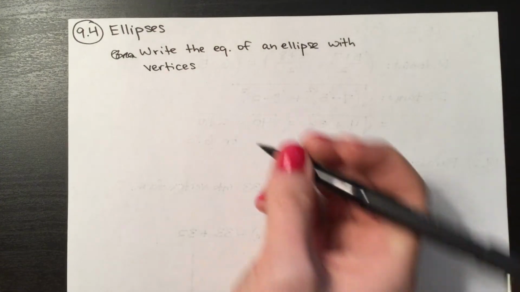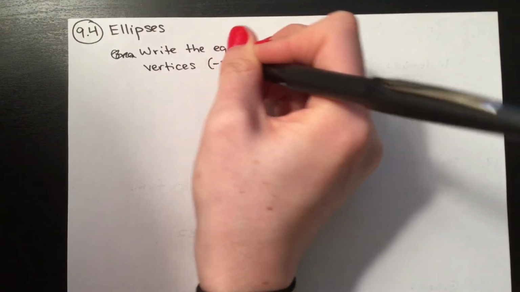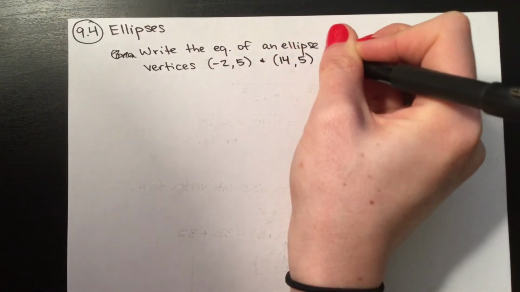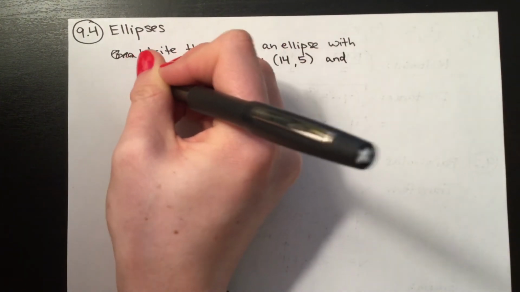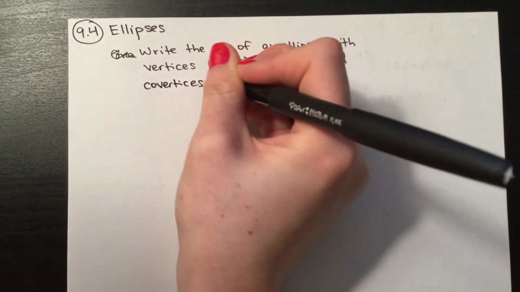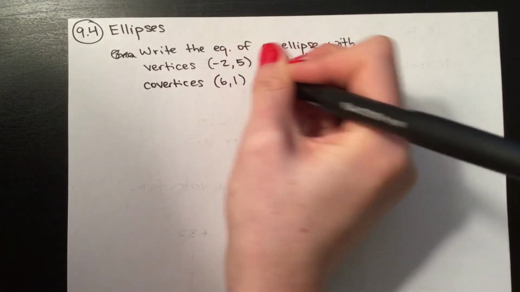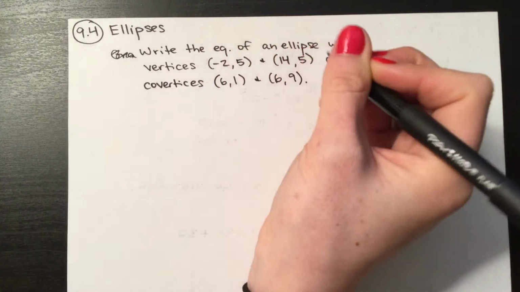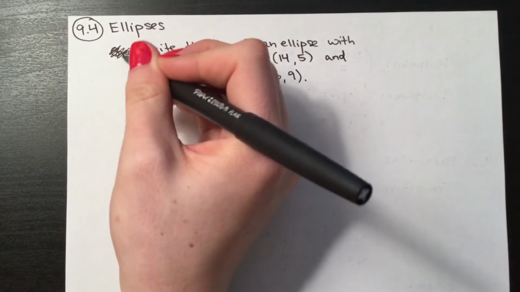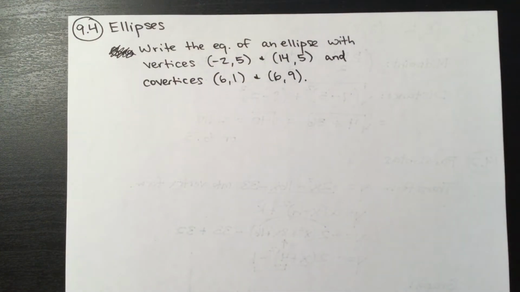So I'll give you 2 vertices and 2 co-vertices. Okay, so there's a couple different ways that you guys could go about this. First way that I taught you was to plot these points, and then we can come up with the center ourselves. Second way is kind of just by almost just looking at it, which doesn't sound like a very accurate method, but I'll explain what I mean.